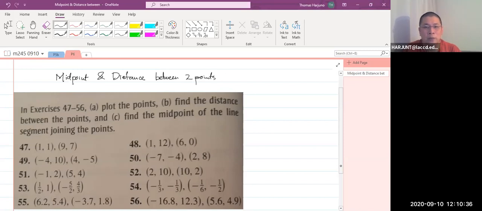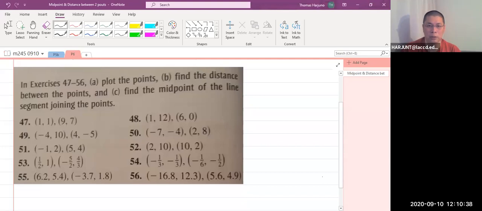So let's say, for example, I pick number 54, the scariest one. A lot of fractions, right? Are you scared of fractions?